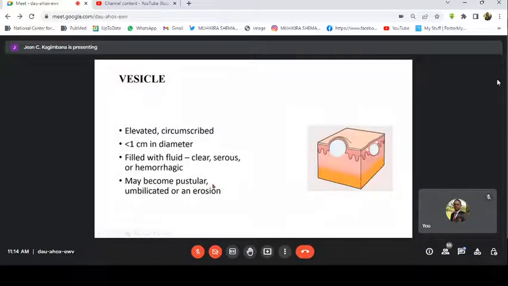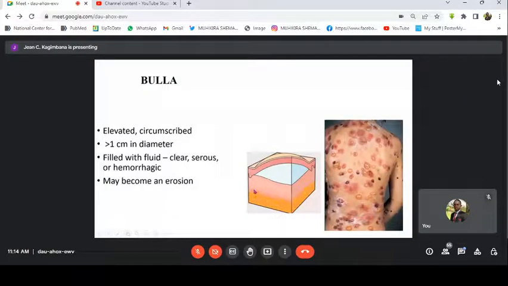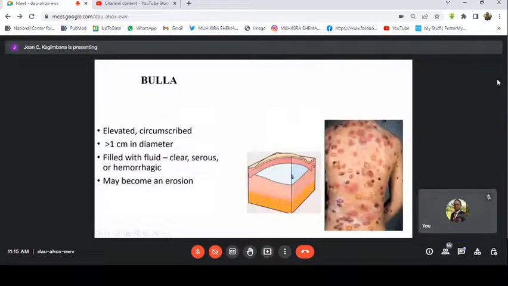A vesicle may become pustular, but this one, from its onset, is filled with purulent fluid: a pustule. Now, a bulla. You see, it's bigger than a vesicle.